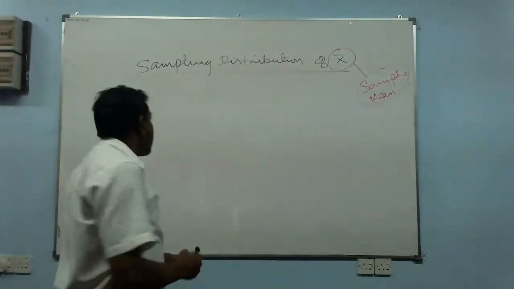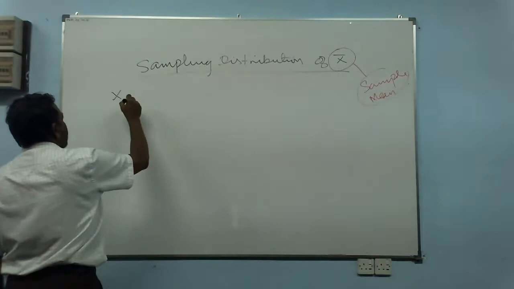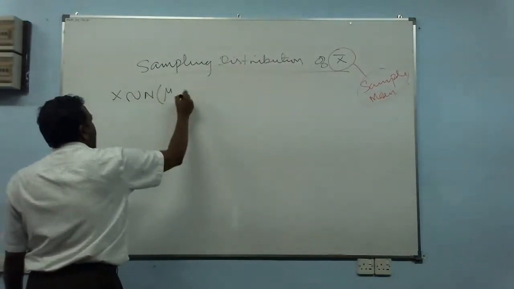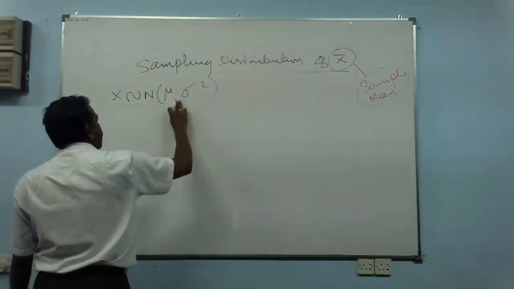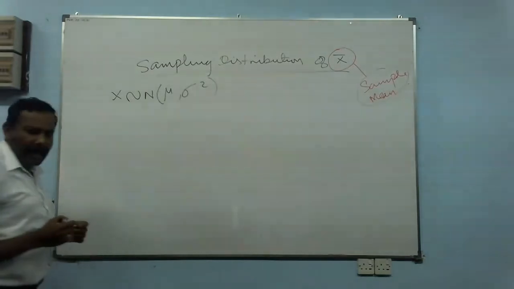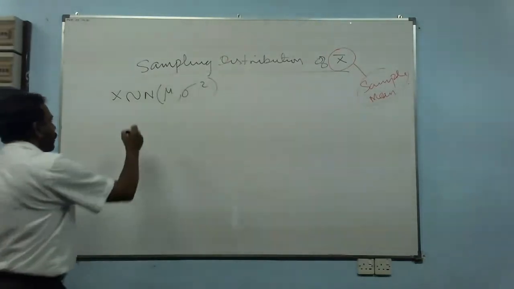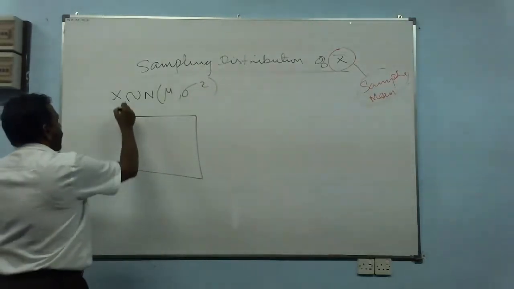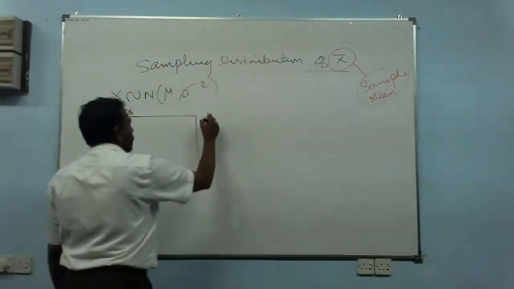Look at this very carefully. Suppose a particular random variable is distributed normally with the mean of mu and the variance of sigma square. Now let's take the same population.